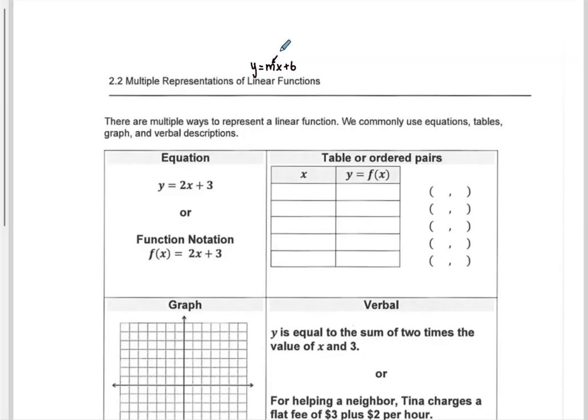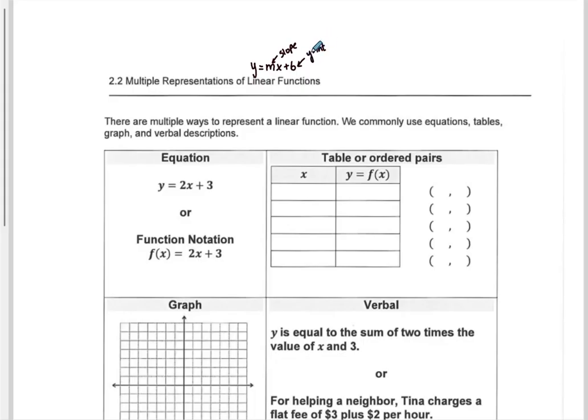It tells you the shape of the line, basically, if it's positive, negative, 0, and the steepness as well. And then the other number, or the variable in this case, is b, which is the y-intercept, where the line crosses the y-axis.